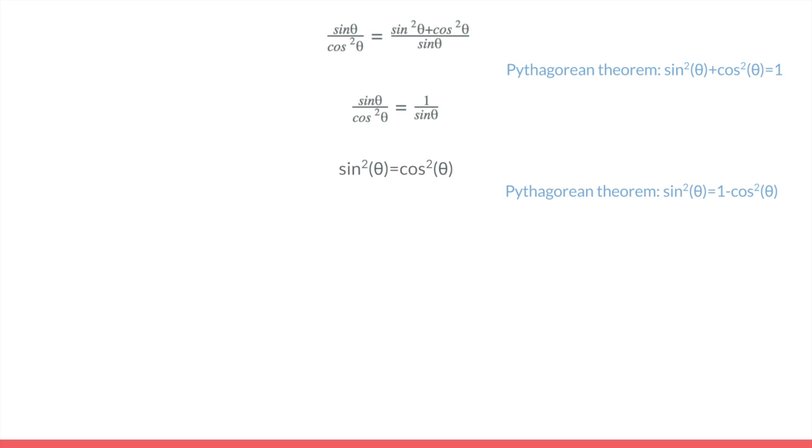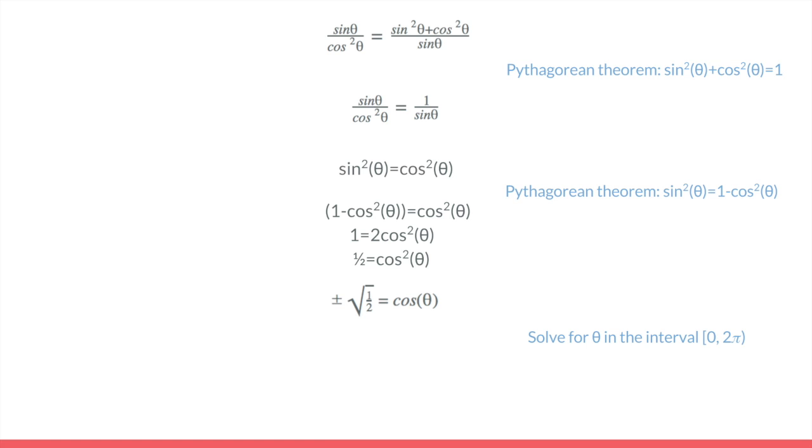Now we can substitute this identity into the sine squared term to get the entire equation in terms of cos theta. We end up with 1 minus cos squared theta equals cos squared theta. When we work through this, we get plus or minus the square root of 1/2 equals cos theta. Since we took the square root of each side of the equation, we need to make sure to include the plus or minus sign. Now we can solve for theta in the period 0 to 2 pi.